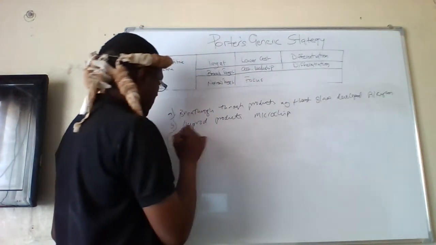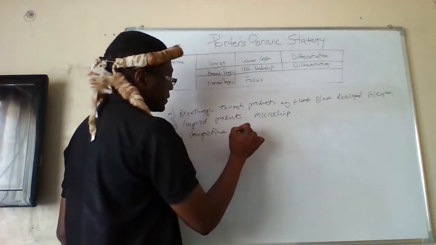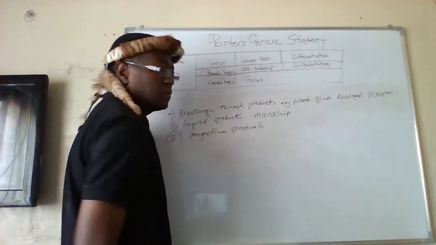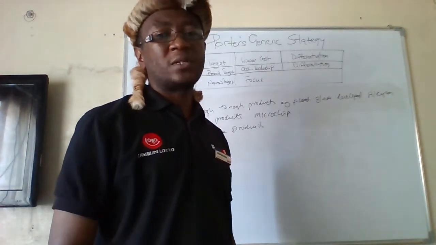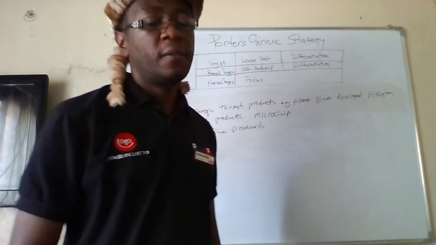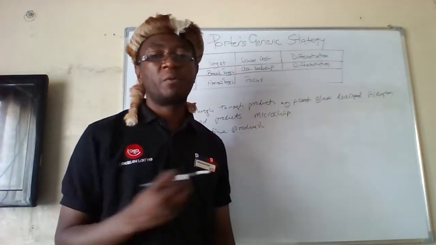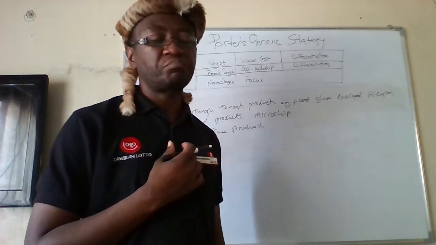Then C, we can have competitive products. Now, these derive their appeal from a particular compromise of cost and performance. Now, an example is cars.